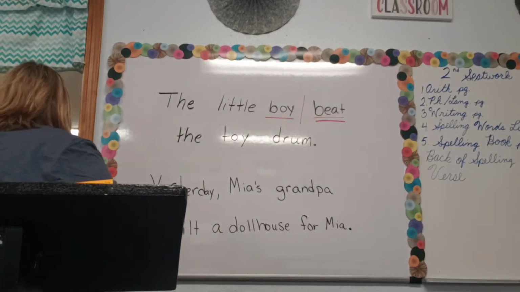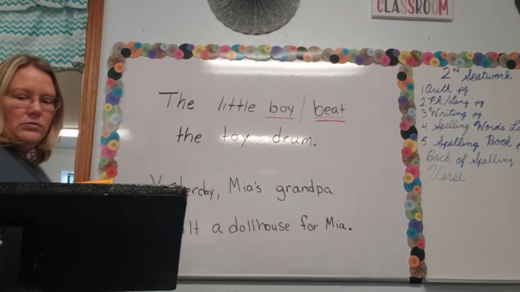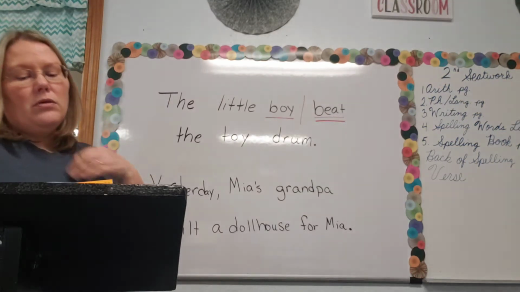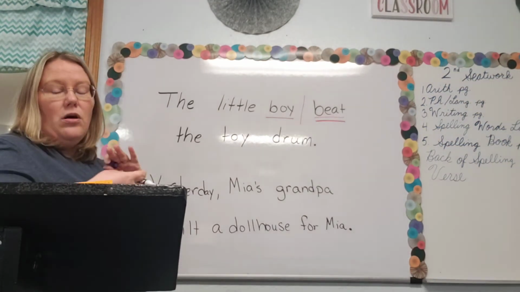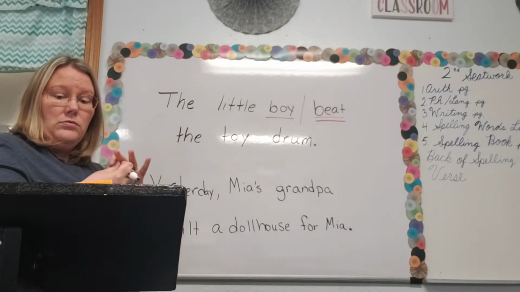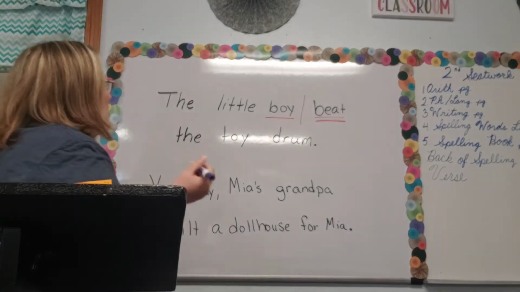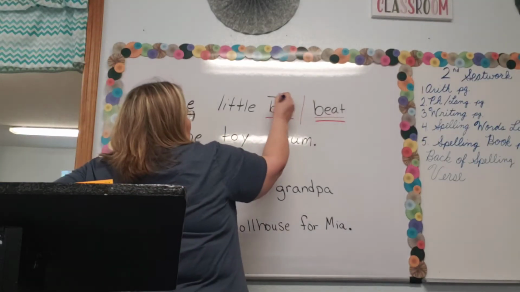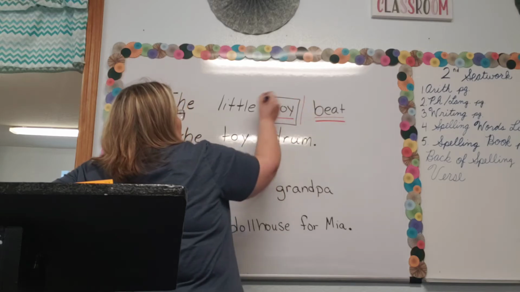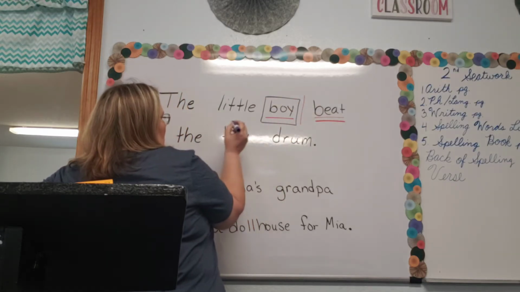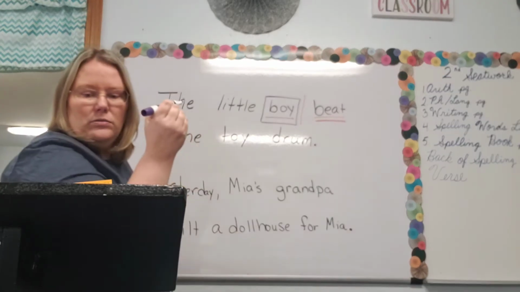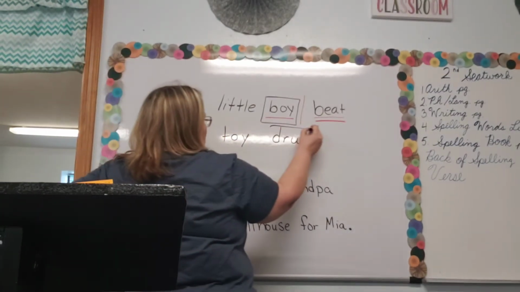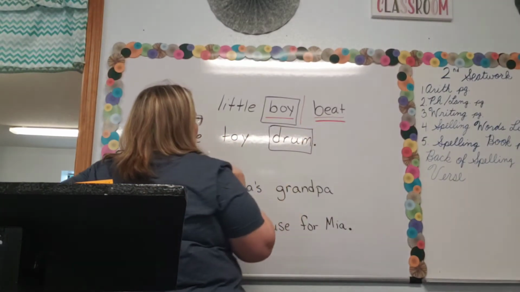The next thing we're going to do, I want to make sure I do it right so it matches up with your paper. We're going to put a box around all of the nouns. Even though boy is a subject, it's a noun, so it gets a box. Then make sure I do it right around drum. So drum and boy are our nouns.